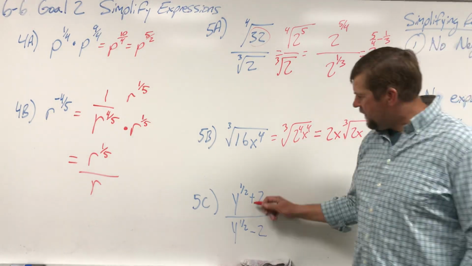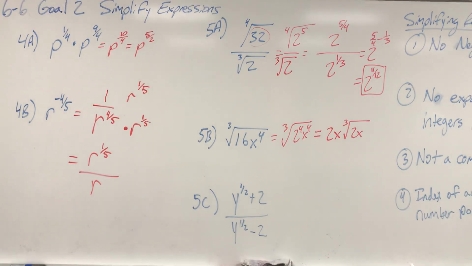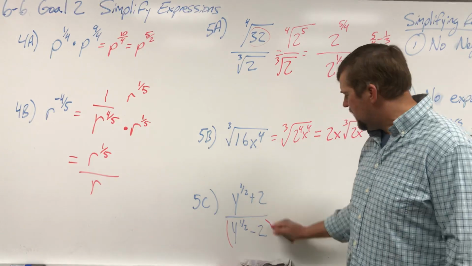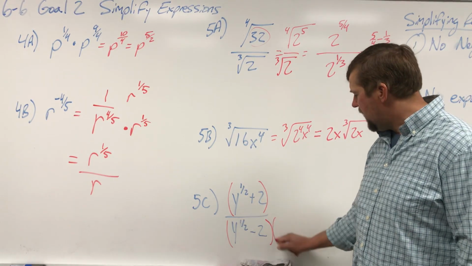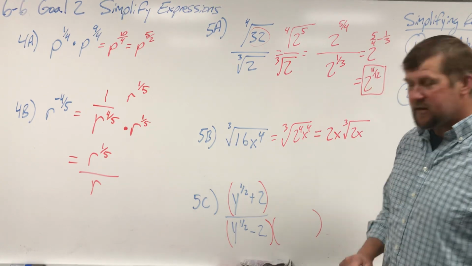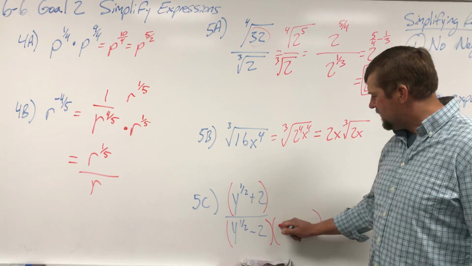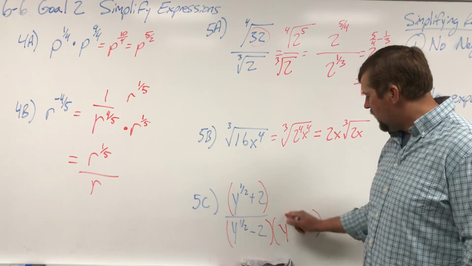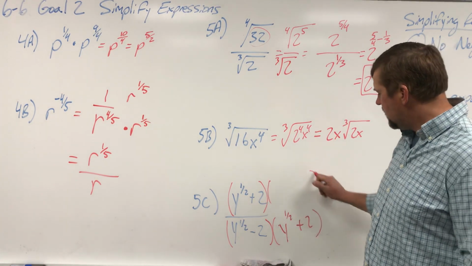Now here we have a rational exponent in the denominator, and to get rid of that, we need to multiply top and bottom by the conjugate, what's going to give us whole number exponents in the denominator. In this case, it's like saying the square root of y, so we're going to say y to the 1/2 plus 2. It's the conjugate that's going to matter here.